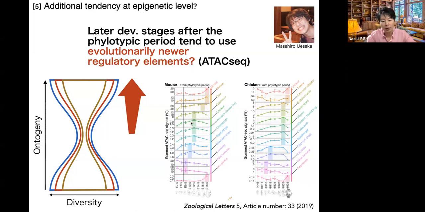But we're still not sure how we can reconcile this so it doesn't contradict the hourglass model, how we can explain both the regulatory results we obtained and the transcriptomic results we obtained. So we still do not know the exact correlation, but the tendency is that later stages use more newer regulatory elements, although we didn't check if they are really regulatory elements or not. Insulator, promoter, I don't know. It's just ATAC-seq results.